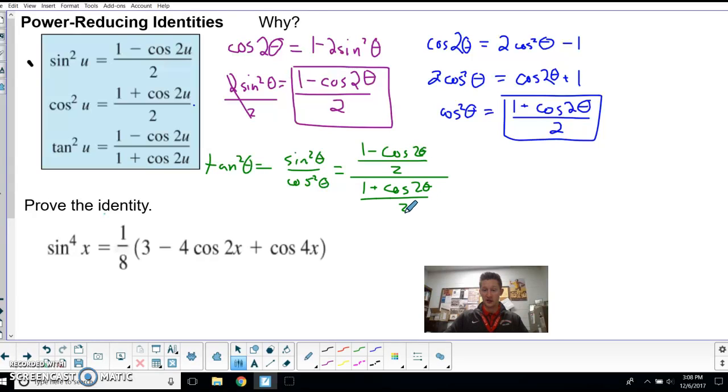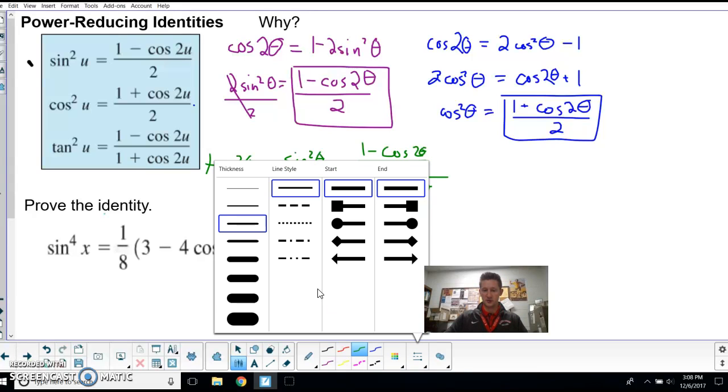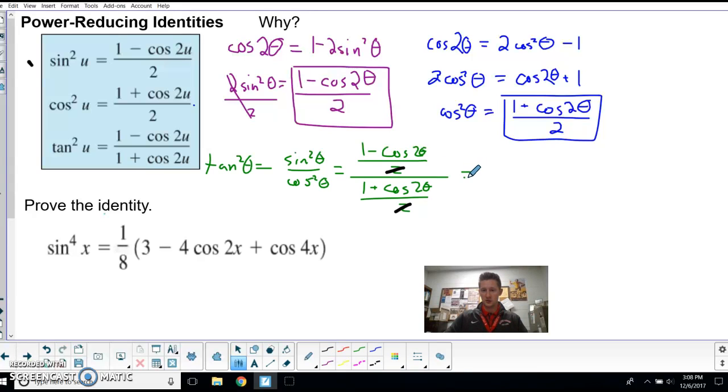And then I got a complex fraction here. So fraction divided by fraction, I should multiply by reciprocal. Now, when you do that, the 2's will cancel. Okay? And hopefully that's an obvious type step that we talked about today in class. So this is going to end up turning into 1 minus cosine 2 theta over 1 plus cosine 2 theta.